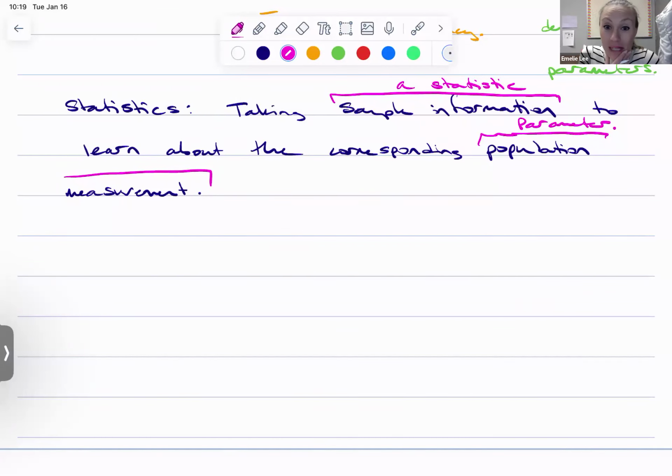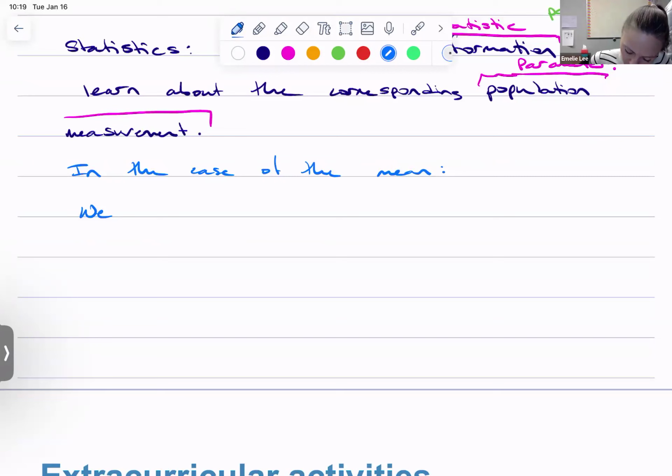In the case of the mean, we use X bar, the sample mean, to learn about mu, the population mean. So we use the sample mean to learn about the population mean.